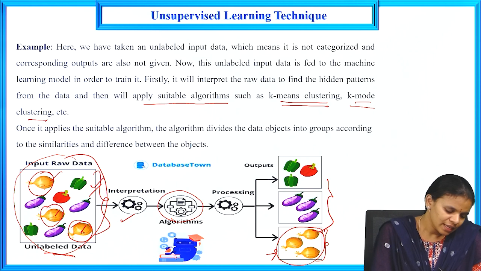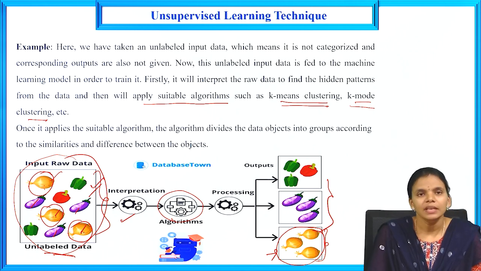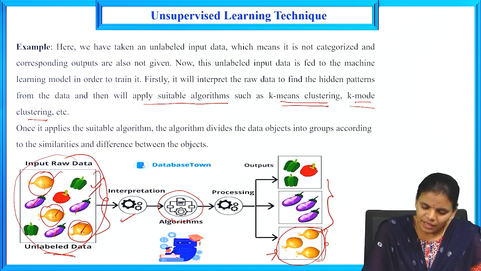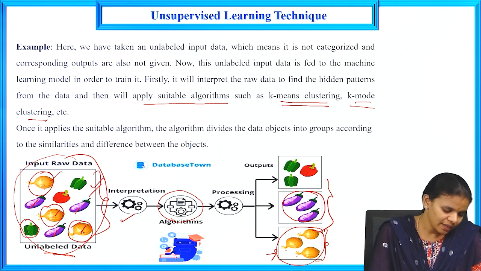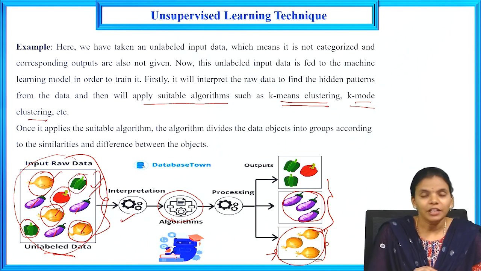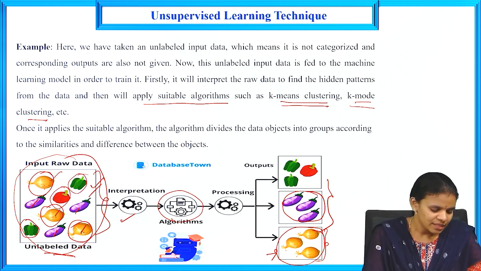And the second one is here. This data point and these three data points have the same color and same shape. In the same way, these three data points are categorized as one cluster, and the remaining data points are different in colors but the same in shape.